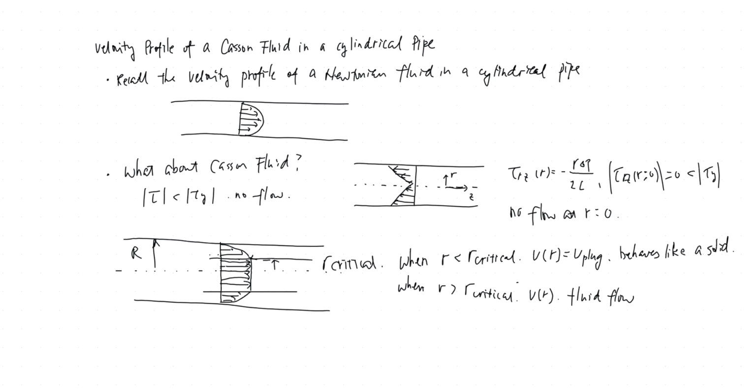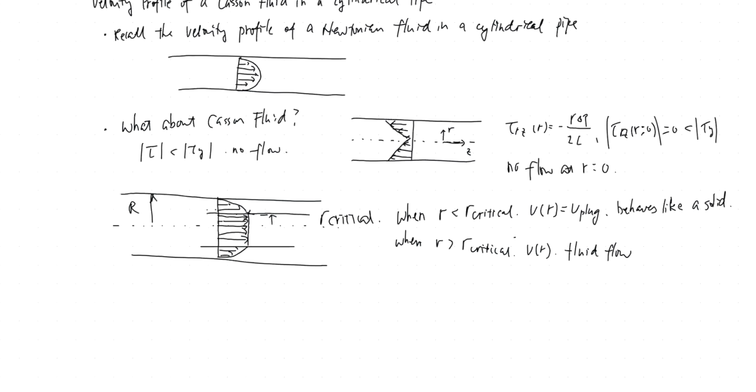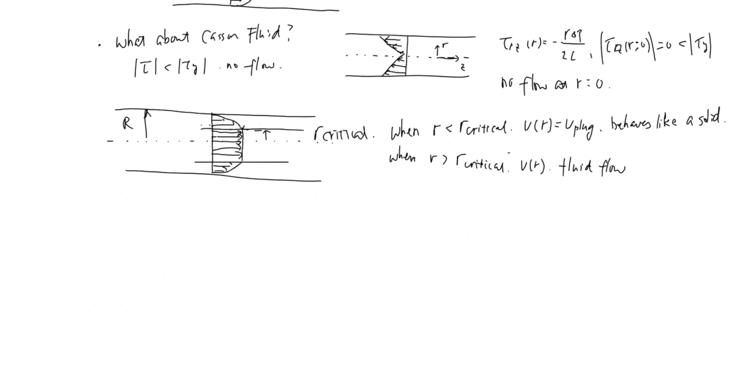So we are going to derive the velocity profile for the region beyond the R critical. And then that equation will also tell us how to find the V plug. So we will still use the constitutive relation. Let's express gamma dot in terms of viscous shear stress.